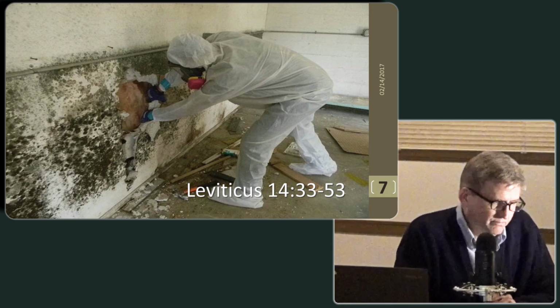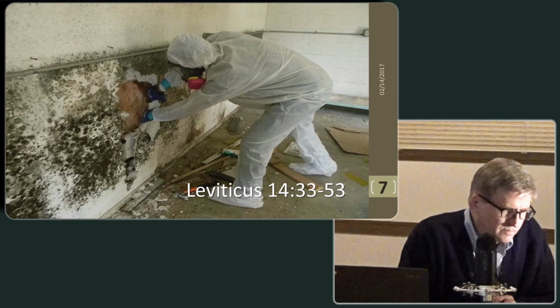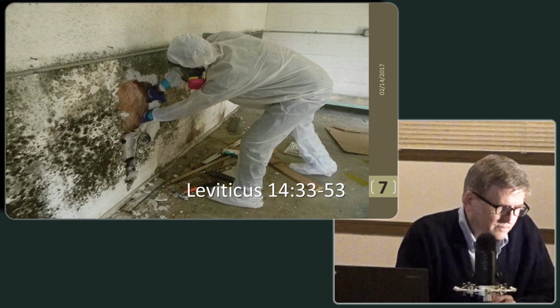If the disease has spread in the walls of the house, then the priest shall command that they take out the stones in which is the disease and throw them into an unclean place outside the city. And he shall have the inside of the house scraped all around, and the plaster that they scrape off they shall pour out in an unclean place outside the city.